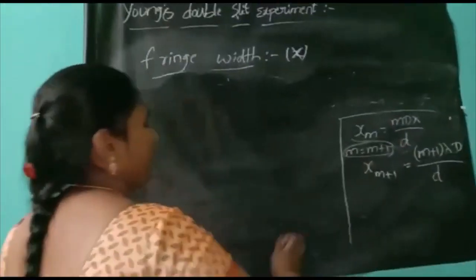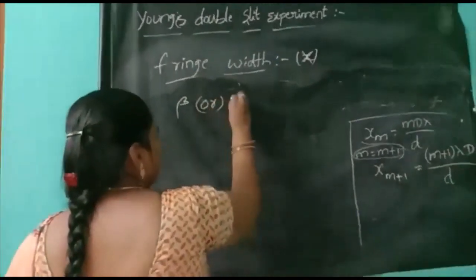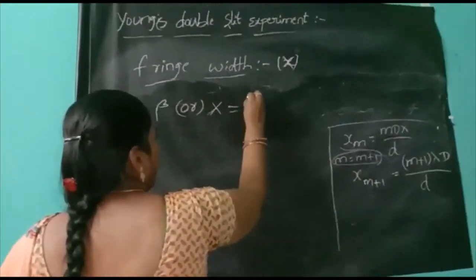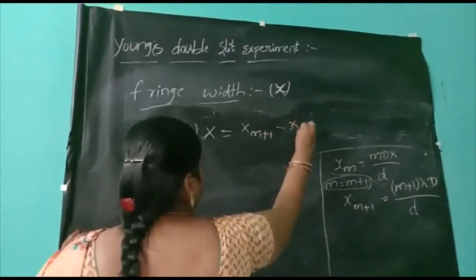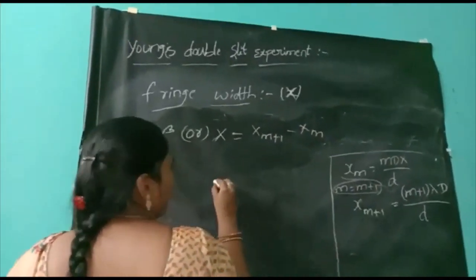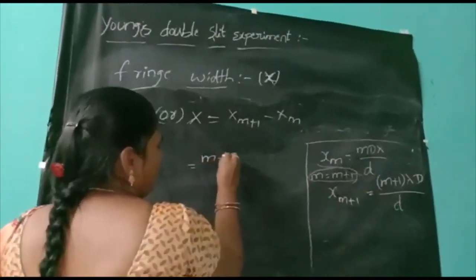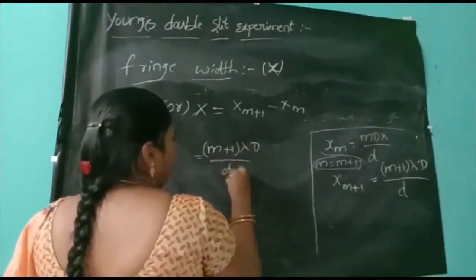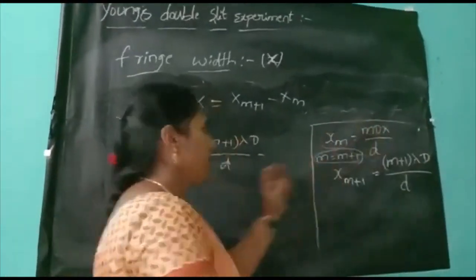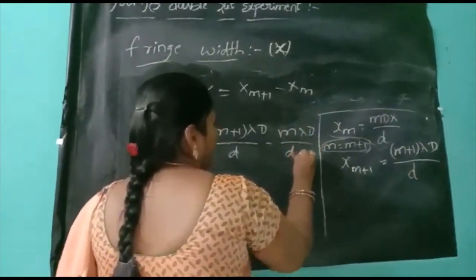So, fringe width beta or x is equal to x m plus 1 minus x m, that is equal to m plus 1 lambda D by d minus m lambda D by d.